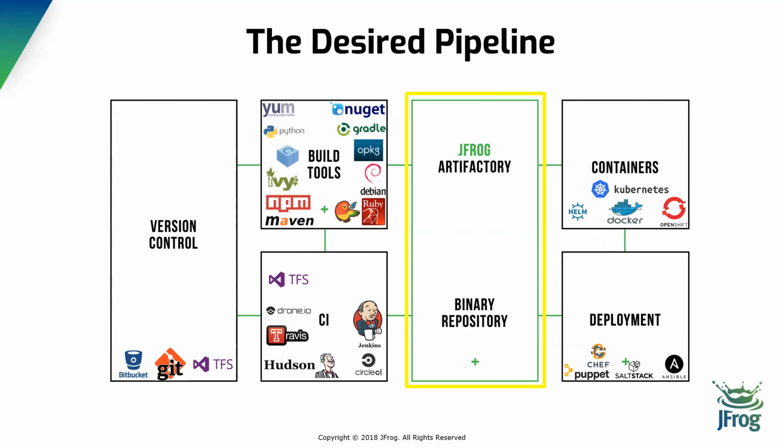So this is where Artifactory has different links between your build tools and your CI server, and it's used during the build phase and also during the deployment phase. If you're doing CI/CD, you will have a deployment phase. If you're using containers like Docker, you would use Artifactory as your main Docker registry.